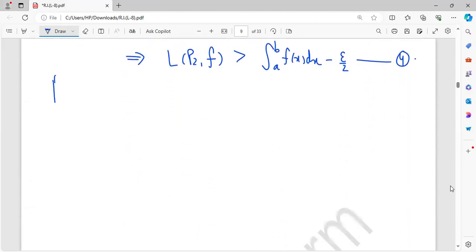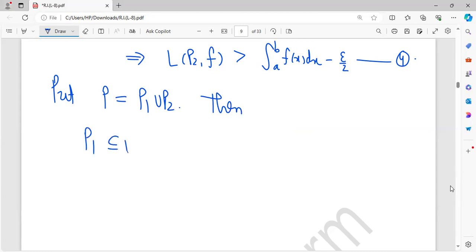So put P equal to P1 union P2. Then P1 is contained in P. So this implies U(P, f) is less than U(P1, f).